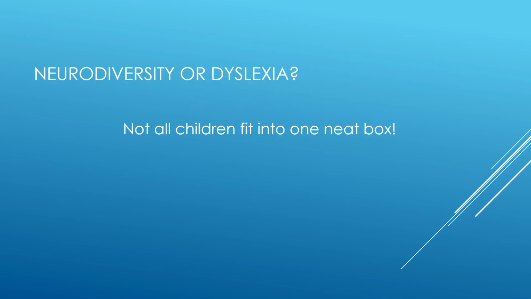So thinking back to neurodiversity, when we looked at the fact that there's a lot of people who have different traits of various different specific learning difficulties, and sometimes when we're looking at a diagnostic dyslexia assessment, we may see those traits coming through in the profile. There's an awful lot of crossover between the different traits and between the different specific learning difficulties labels, if you like. So should we maybe be moving more towards a neurodiversity label?